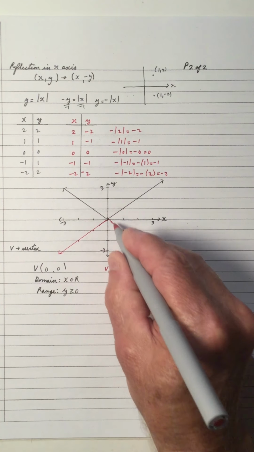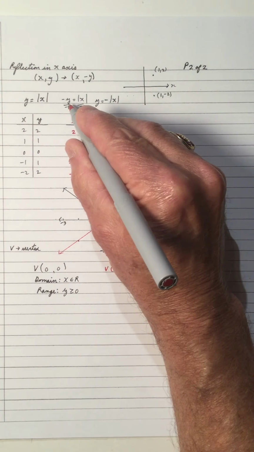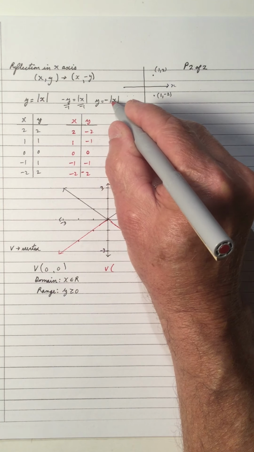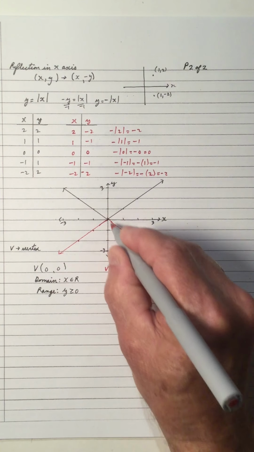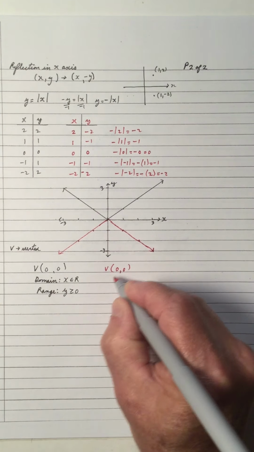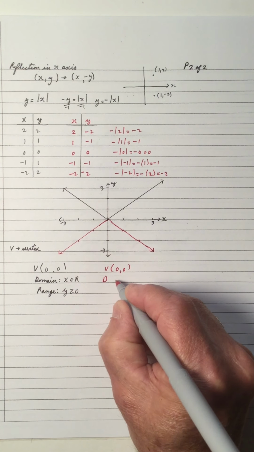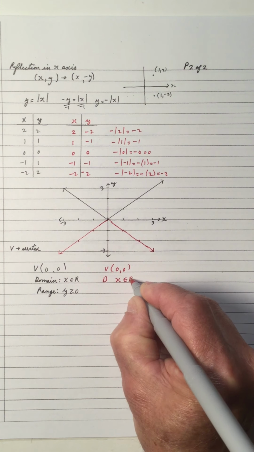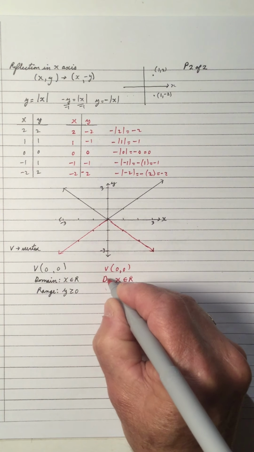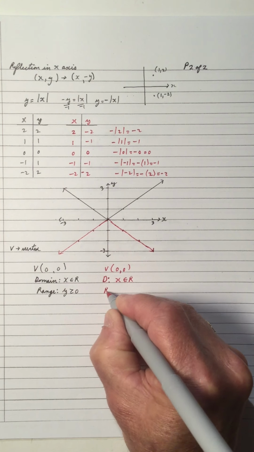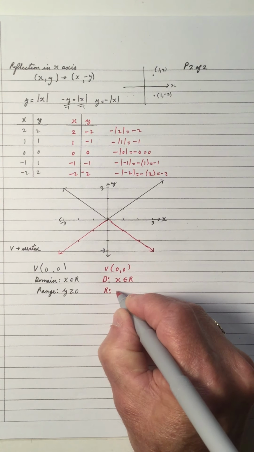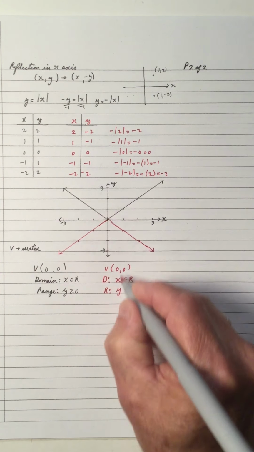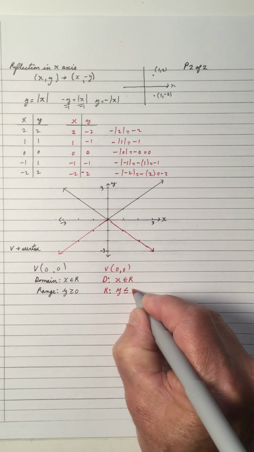So the vertex of the reflection, y equals the negative absolute value of x, is still (0, 0). I'm going to mark D for domain. The domain is still x belongs to the reals, and big R for range. So y is, notice, y is less than or equal to 0.